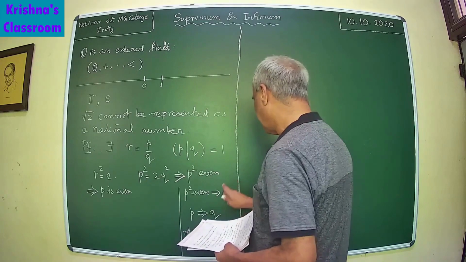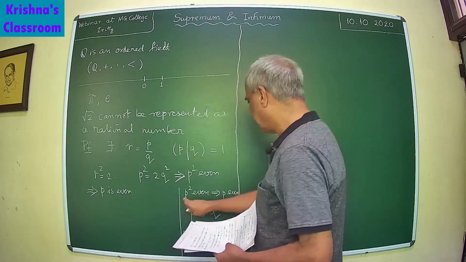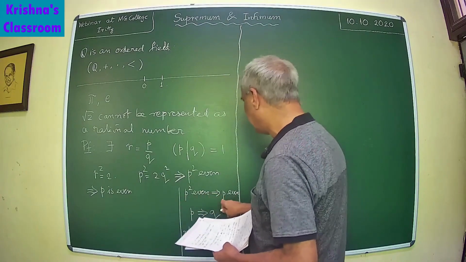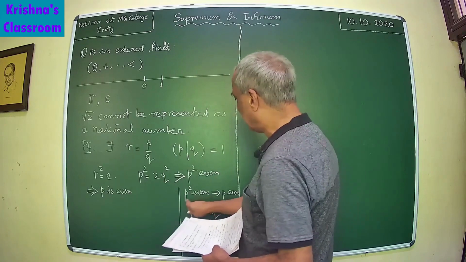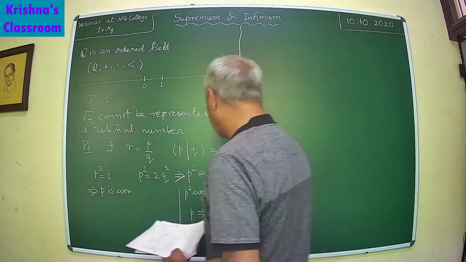So not P even means P is odd. So you can show that if P is odd, then P square is odd. How do you do that?